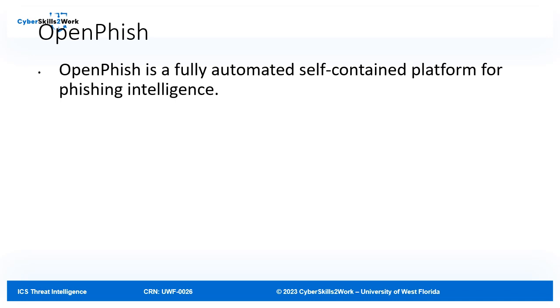OpenFish is a fully automated, self-contained platform for phishing intelligence. The phishing detection engine of OpenFish singles out live phishing URLs and extracts their metadata, which includes targeted brands, when applicable, network and geographical locations, phishing kits, and drop accounts. OpenFish reports only new and live phishing URLs.